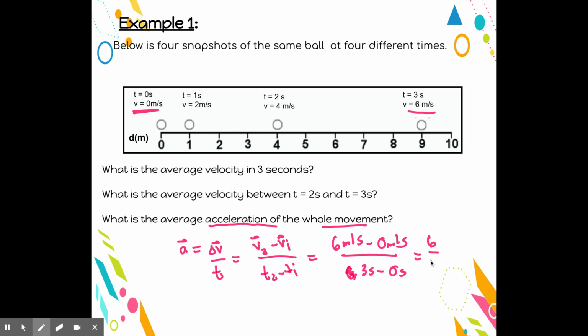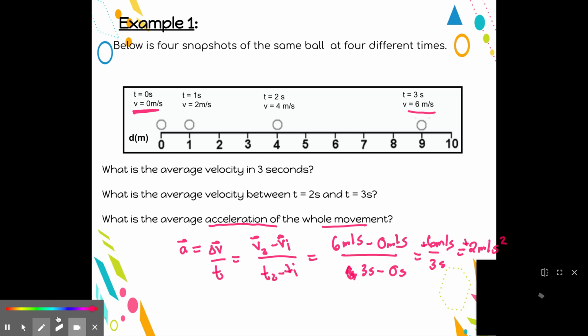So 6 divided by 3, and I should get 2 meters per second squared. And it is a forward motion. The ball is rolling forward, so I get positive 2 meters per second squared. So that's acceleration.